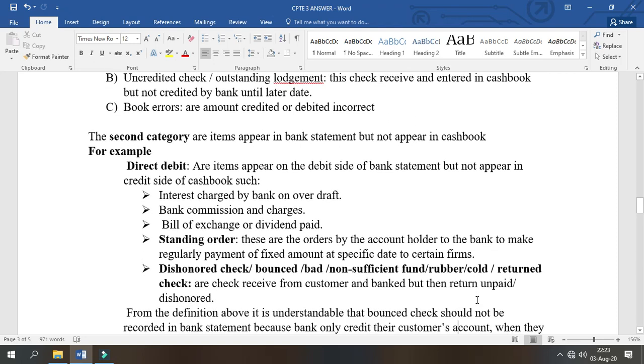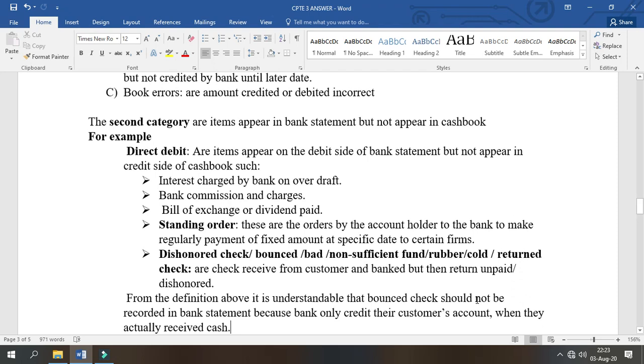So from the definition above, it is understandable that a bounced check should not be recorded in the bank statement. Do you catch anything, dear friend? Because the bank only credits their customer's account when they actually receive cash. So when the bank has not received the cash, it can't credit the customer's account.